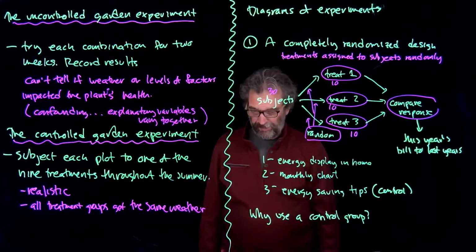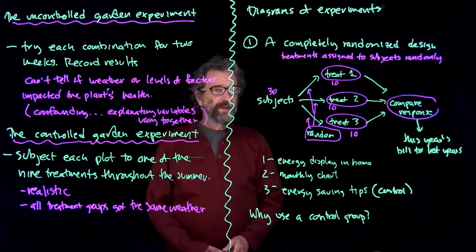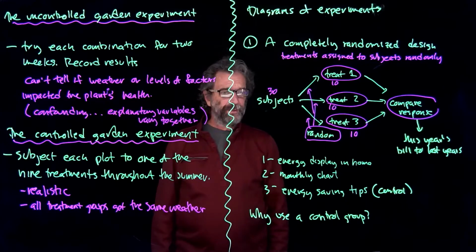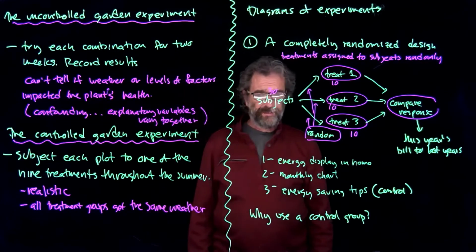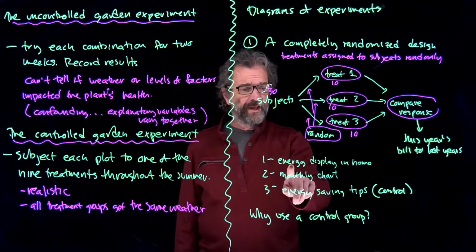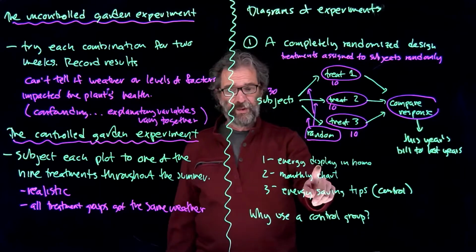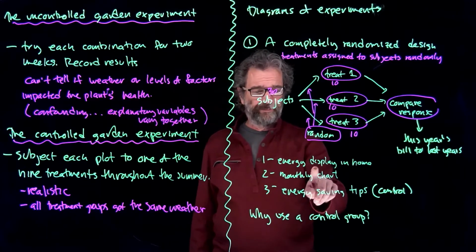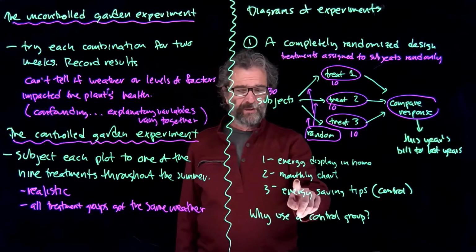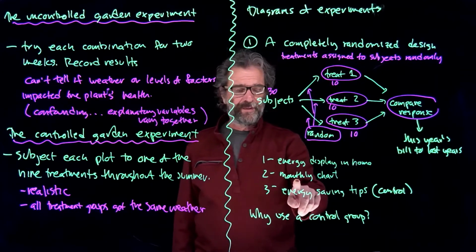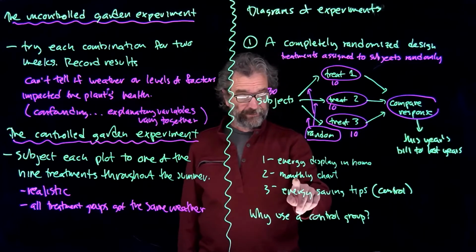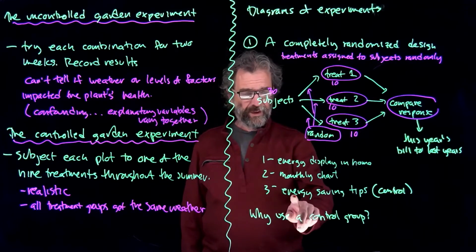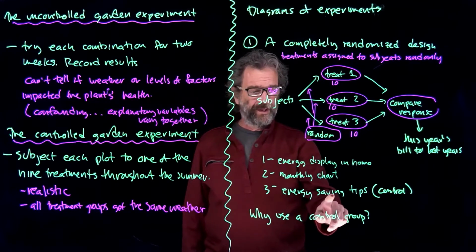This particular experiment, as it's in the notes, is about trying to get people to conserve energy. So the 3 treatments are installing an energy display in the house, so you can watch the energy usage all the time, day or night, or receive a monthly chart, so you see how much energy you're using every day of the month and what the total was, but you get that at the end of the month. Or sending you energy-saving tips to try to get you to save energy.